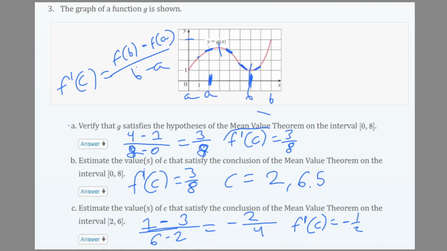So we could say x equals 3, or this isn't 3, this is 4. x equals 4 and x equals 5. So our answer would be C equals 4 and 5. Those are estimations for the C values that satisfy the mean value theorem on the interval 2 to 6.